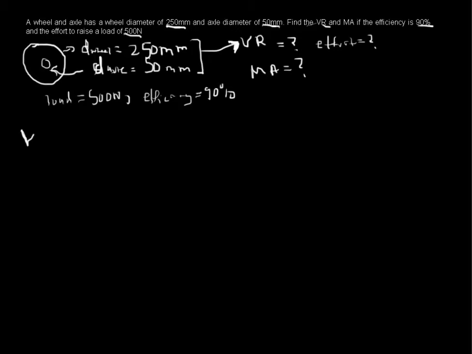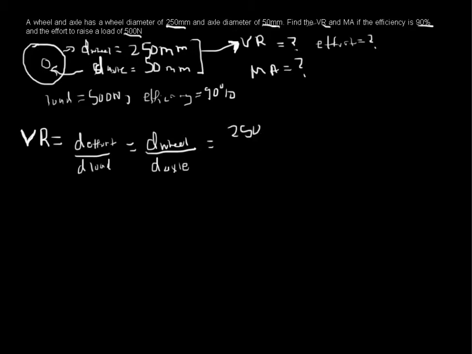And we know that the velocity ratio is the distance of the effort over the distance of the load. The distance of the effort, you're going to be pulling the big wheel, so the diameter of the wheel, or radius of the wheel, whichever one you want, over the diameter of the axle.